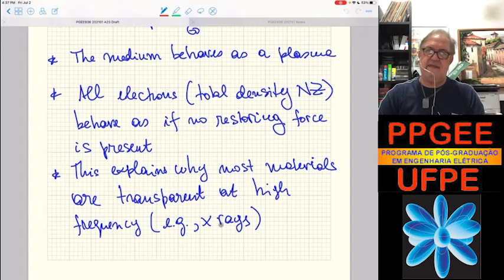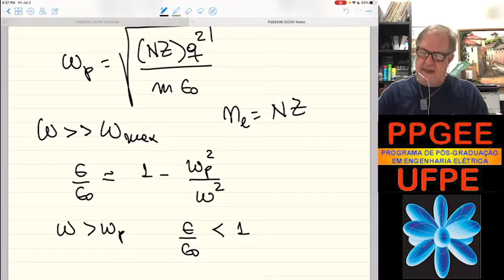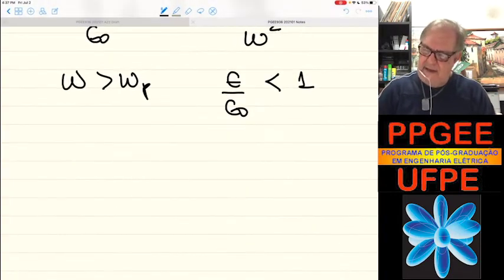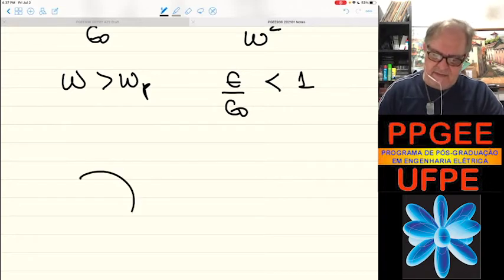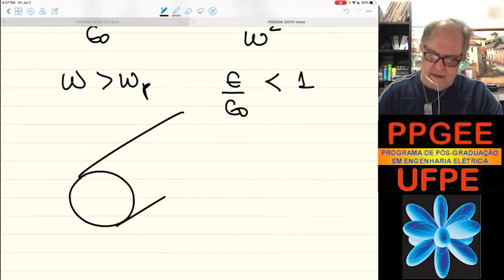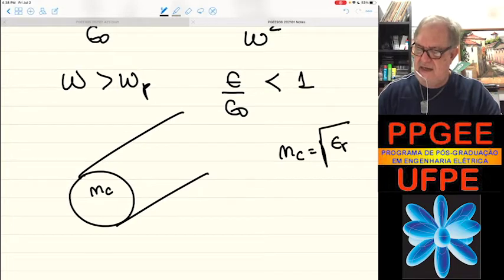X-rays are a good example, right? The other important thing here, which I might mention in the next lecture, is that people make optical fibers, right? Optical fibers have a core with a refractive index, which is the square root of the relative permittivity.